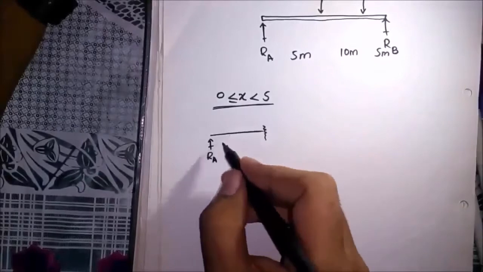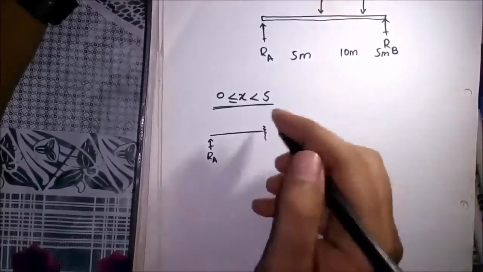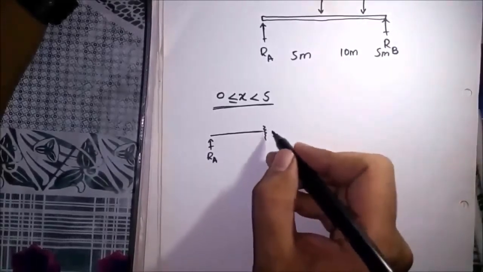I have drawn this segment in isolation. In this segment, there is no force other than Ra. Whenever we cut a beam, there would be internal stresses, so we have to consider them as well.